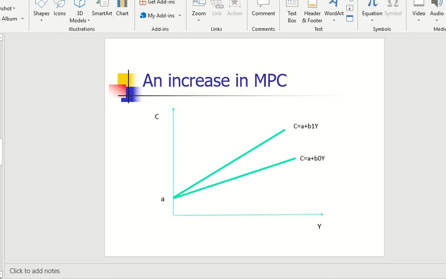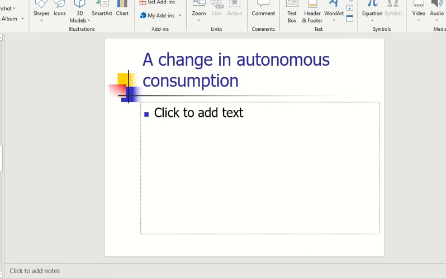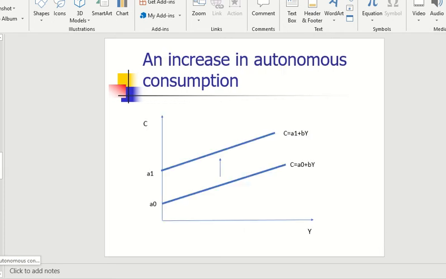That said, a change in marginal propensity to consume is actually not our focus here in this classroom. Our focus is more on a change in autonomous consumption, that little a. This is how we illustrate an increase in autonomous consumption. Previously our autonomous consumption is $50.